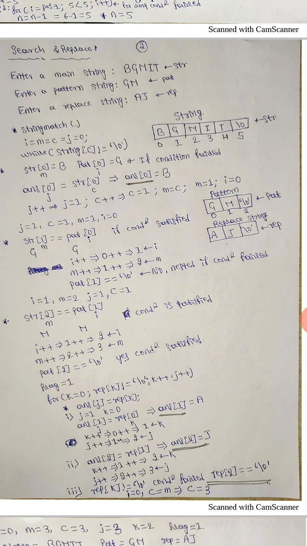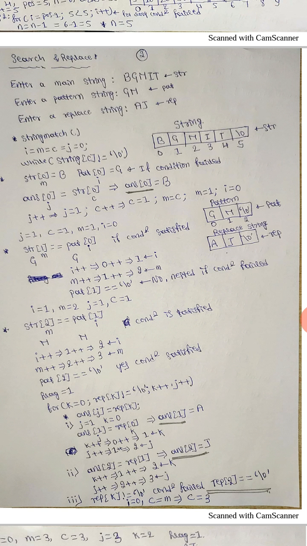So only the main string index value will be incremented. After that, both G, G are matching, and then we increment the index value of the string as well as the pattern. In our main string we got M, and assume that instead of M here, we have B, then there is no match. Again the match failed.